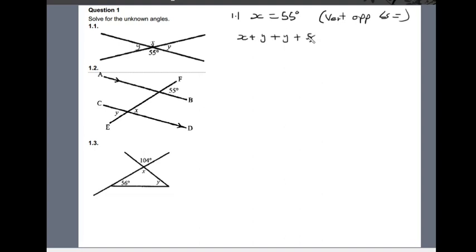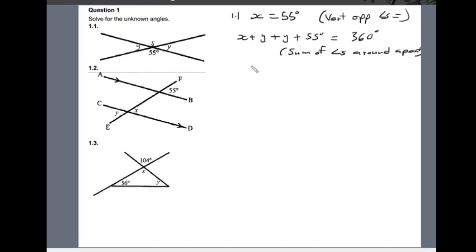55 is equal to 360 degrees. The reason zoti angles, zoti sum of angles around the point, right?